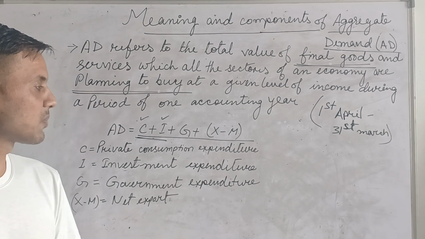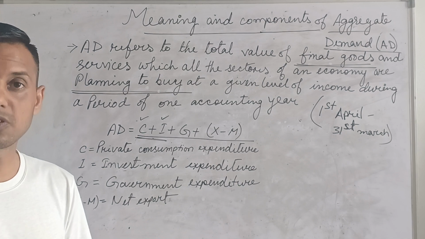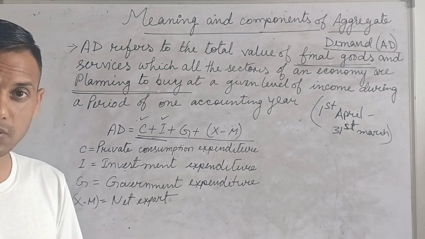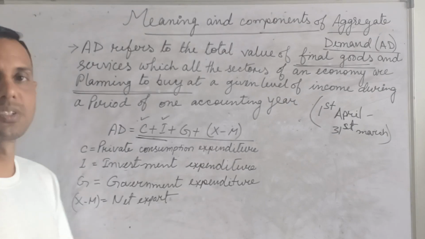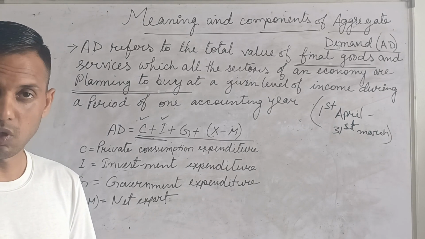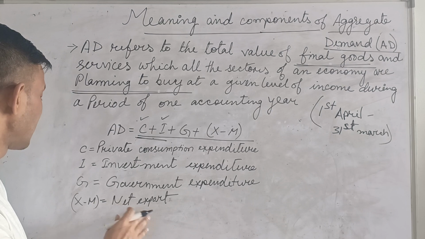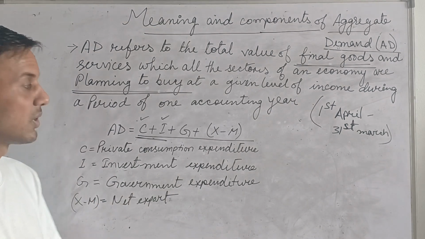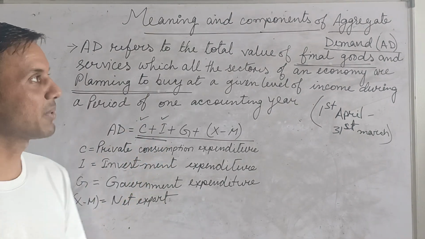Then investment expenditure by the private firms or sector on capital goods. Government expenditure too, we all know it's not only on capital goods, on consumer goods also. And finally net export, it means export minus import. So these are the components of aggregate demand.